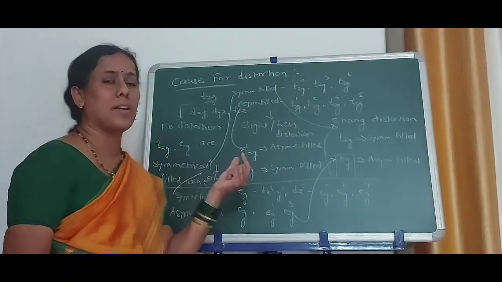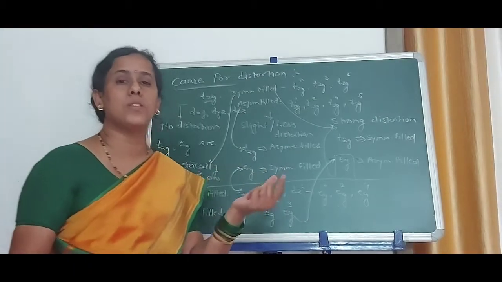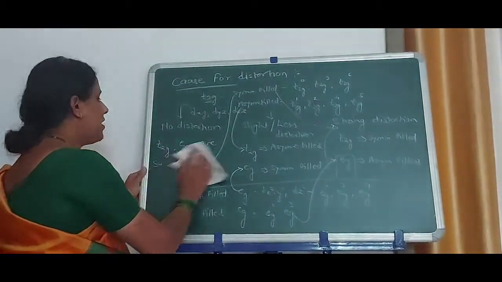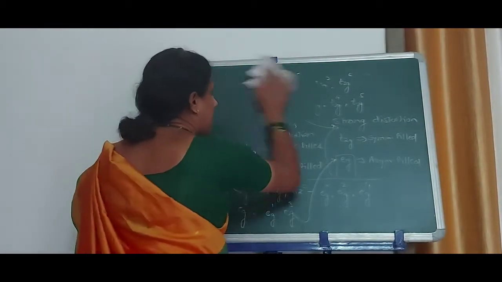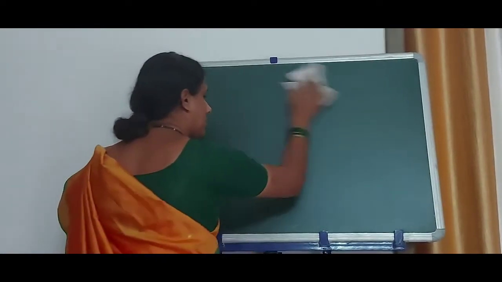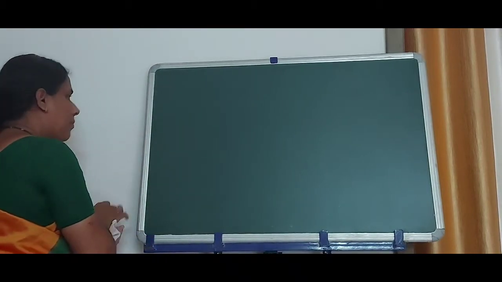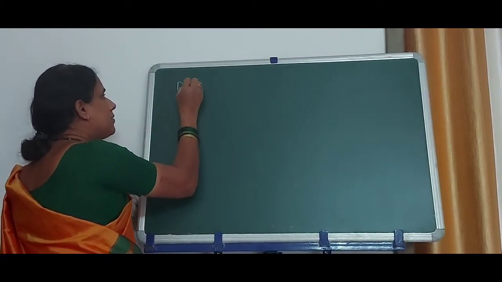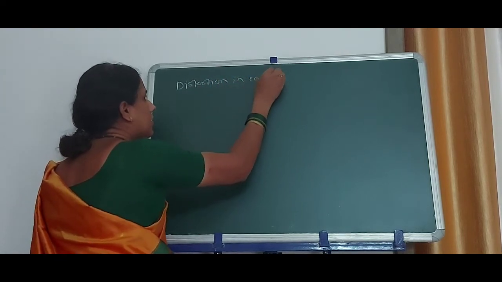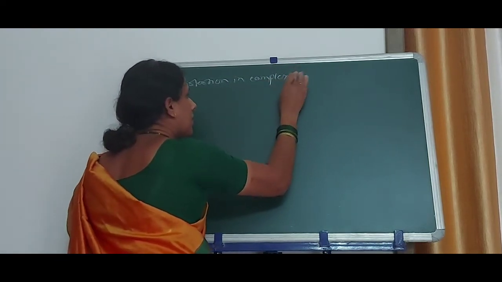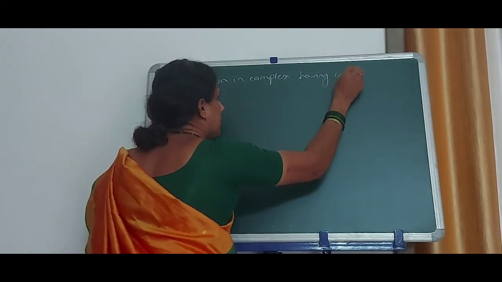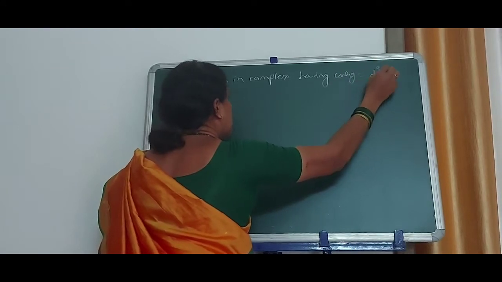Now, we are going to study the main part, that is how distortion takes place in octahedral complexes. First, distortion in complexes having the configuration d9 system.